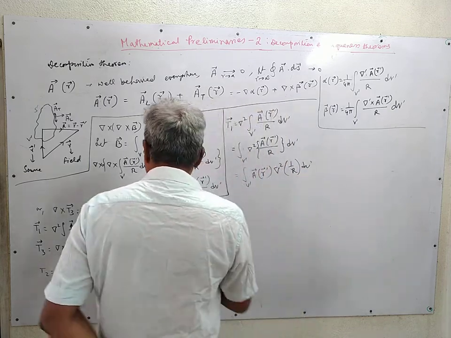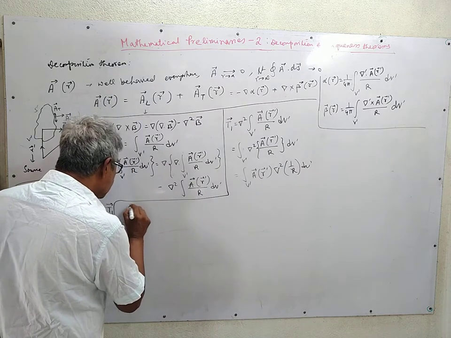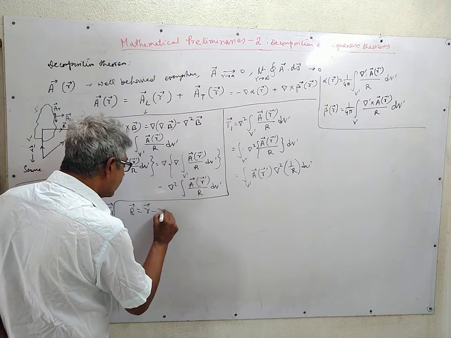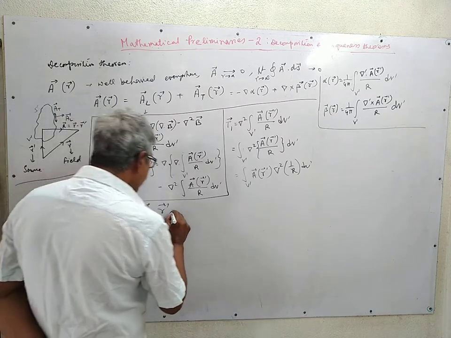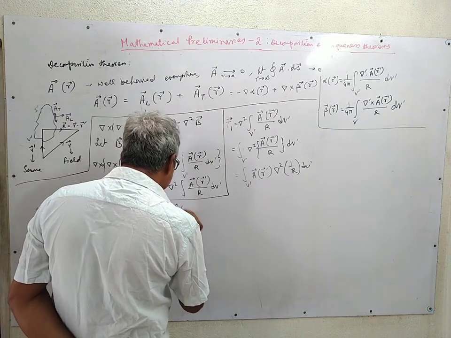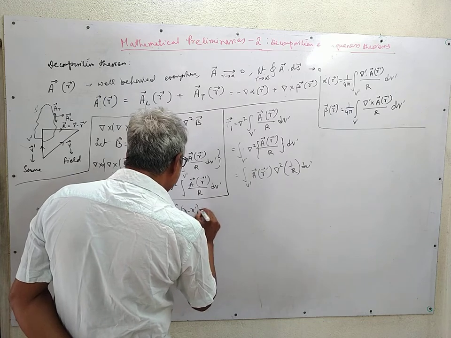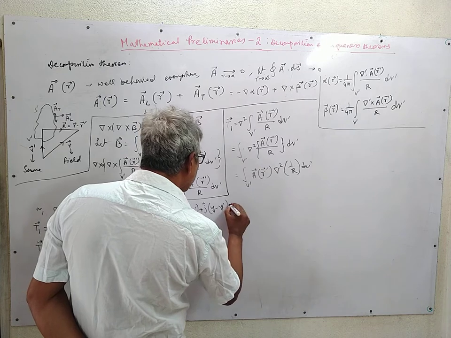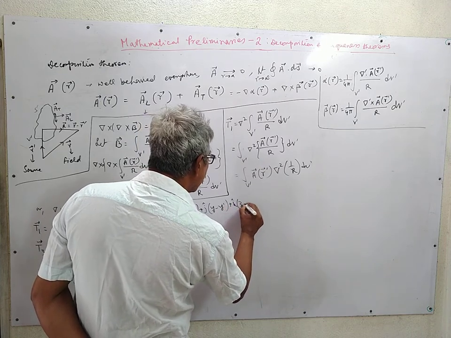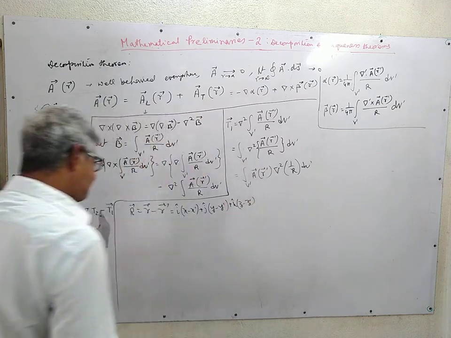Now note that R is r minus r prime as per this picture, so that if we write it in Cartesian components, it is i cap x minus x prime plus j cap y minus y prime plus k cap z minus z prime.